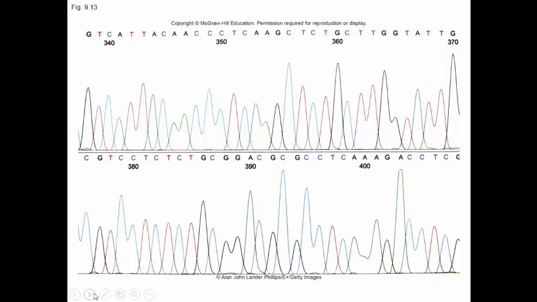You have this done by a computer. It will read the different bands of different colors for the different bases, record it, and state where the bases are.